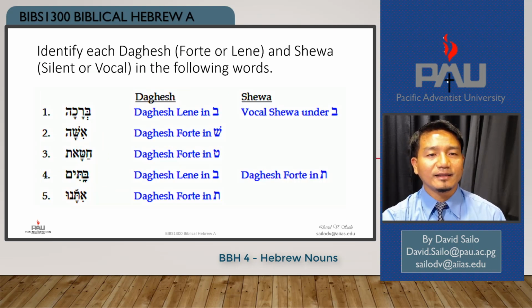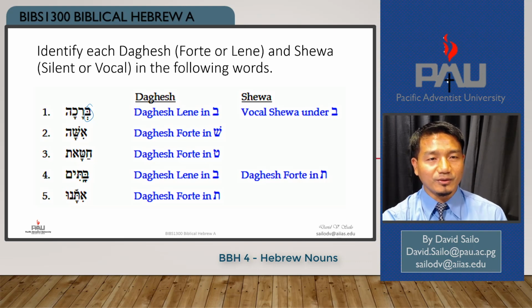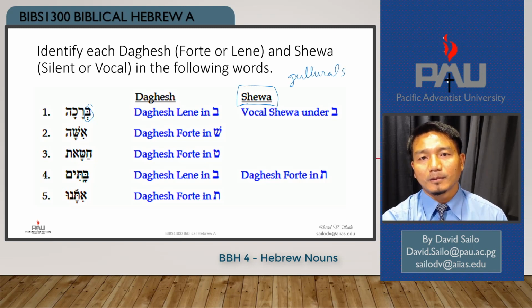Syllabification again. And then I'm going to give you another worksheet where you have to work on identifying the dageshes. Here you have to see what this dagesh is, and also you have to look at the sheva. So pull out your dagesh lene and dagesh forte rules, and also the sheva rules, and try to work with it. In that, you will surely need to know what gutturals and Begad Kefat letters are, okay?